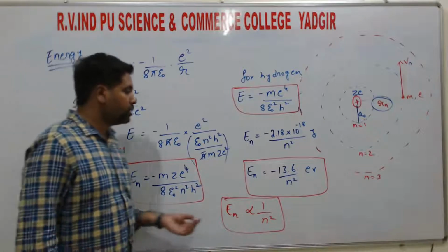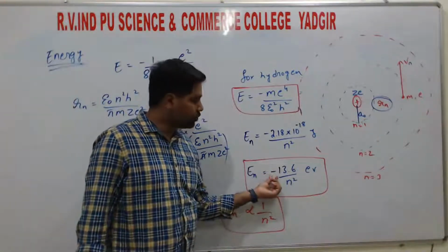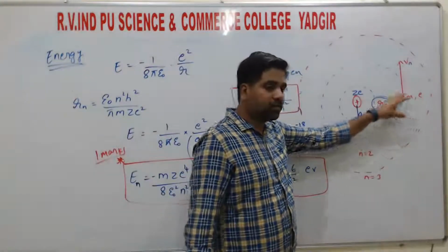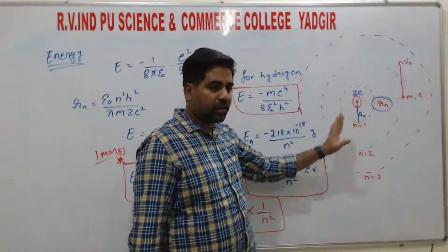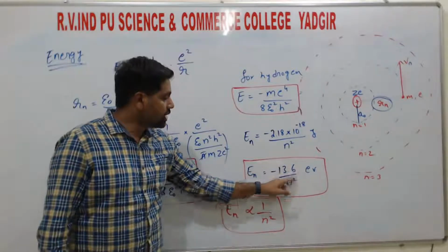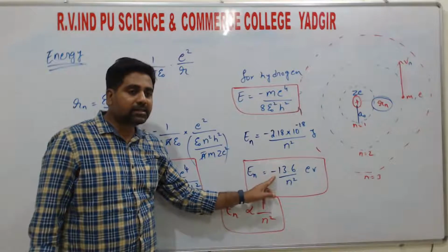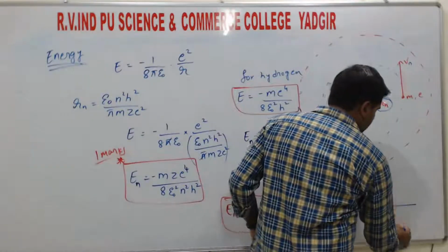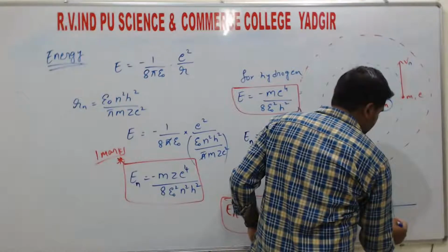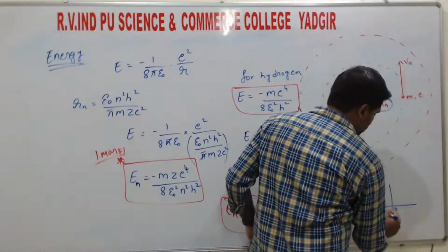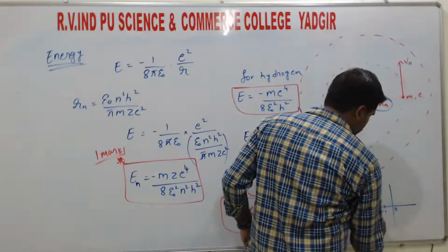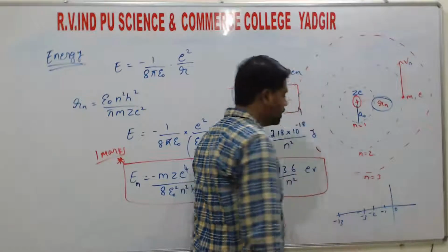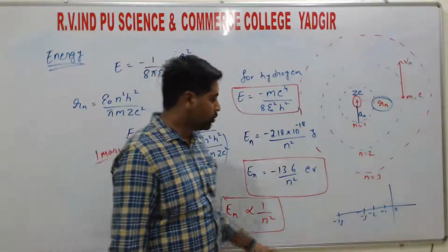Observe here, this is a negative value of energy. So what does this negative symbol represent? It means this electron is bound to the nucleus. Here minus 13.6 is a lesser value. Why? Because if you observe, on the number line we have 0, then -1, -2, -3, and further -13.